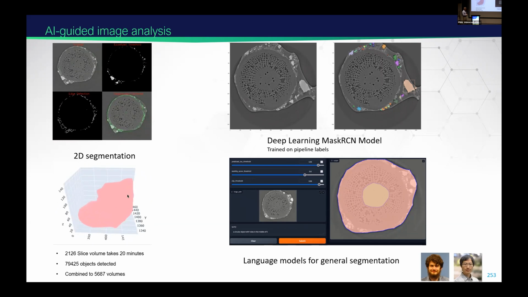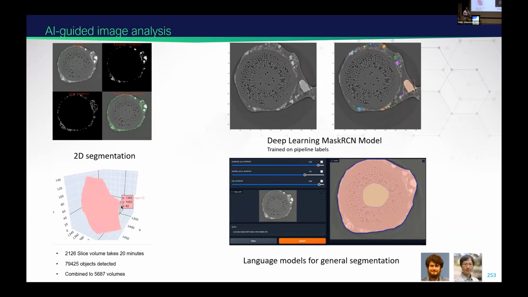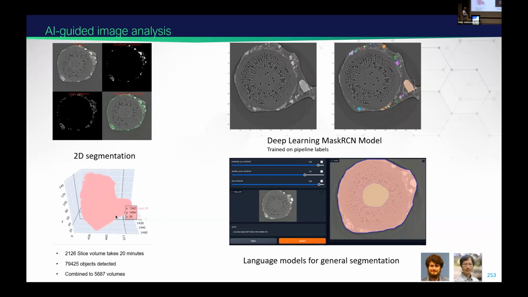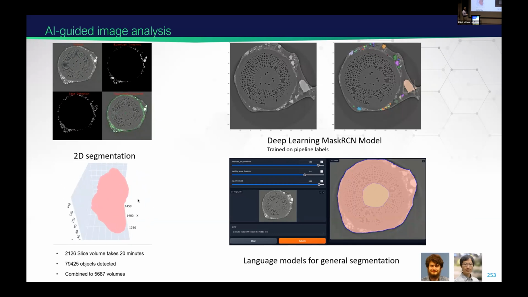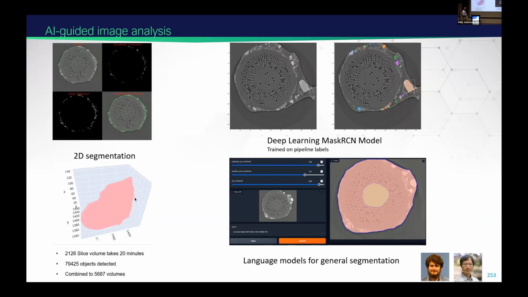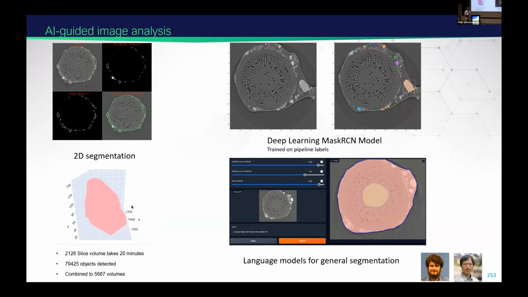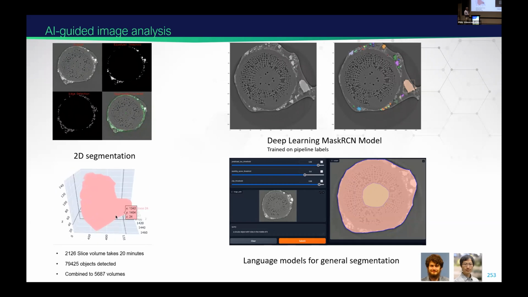Later on, these were reconstructed in 3D into different objects. So those are the particles. Now, in just one of the 2 millimeter slices of the root, we have many objects that were then combined into less than 6,000 volumes.